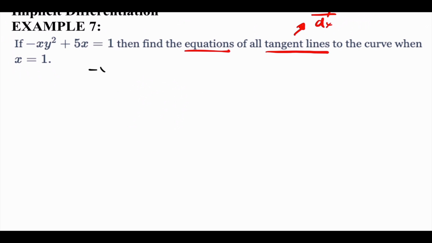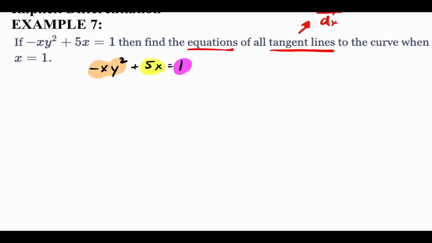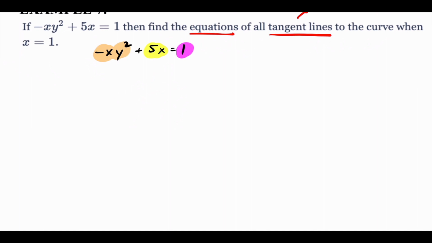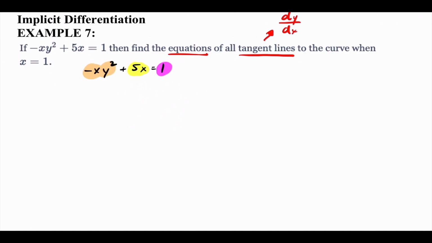Let me write this down. Negative x y squared plus 5x equals 1. It's got 3 terms. 2 on the left, 1 on the right. How do I find the derivative of the orange? Product rule. Okay, product rule. So the first times the derivative of the second.